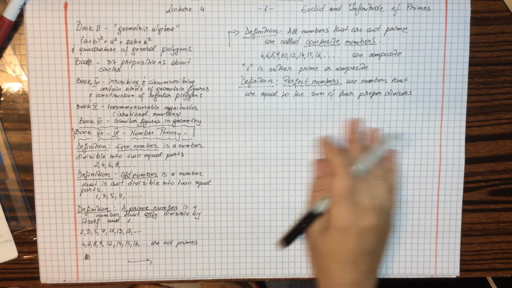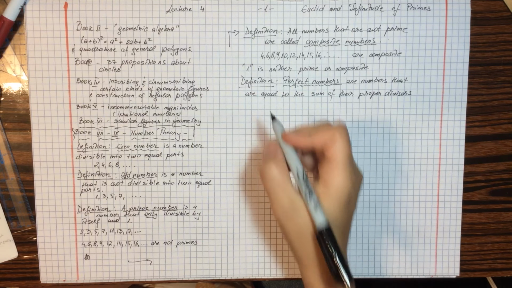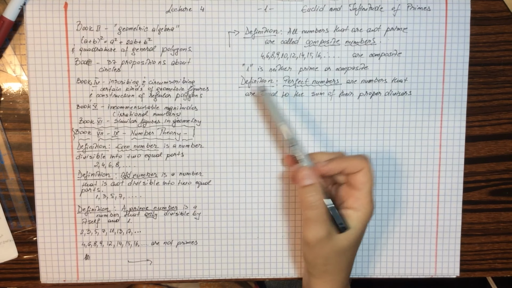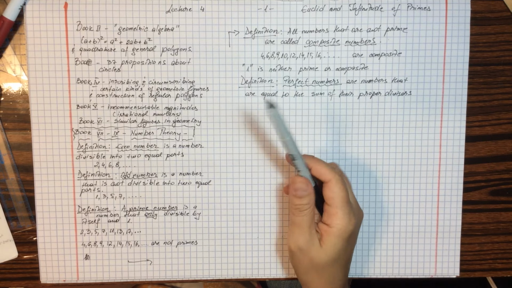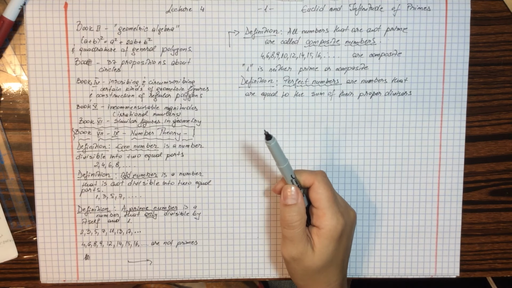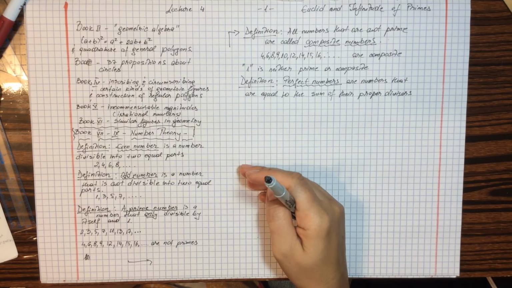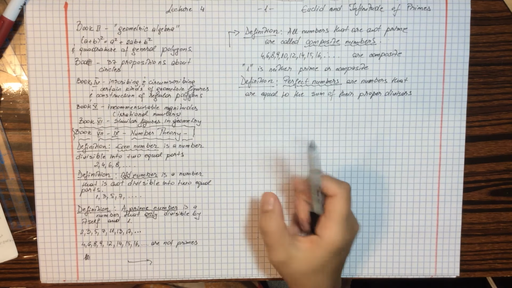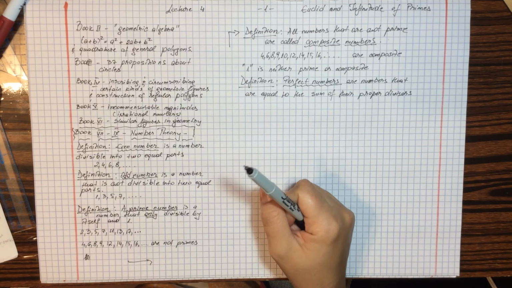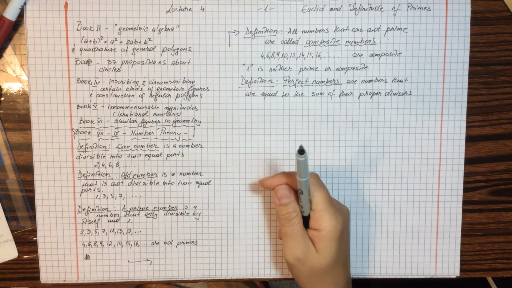Okay, so here's an example of a perfect number. Let's see, is 2 a perfect number? Well, the only proper divisor of 2 is number 1, and 2 is not equal to 1. So 2 is not a perfect number. What about number 3? The proper divisor of 3, again, is only 1, so that's out.